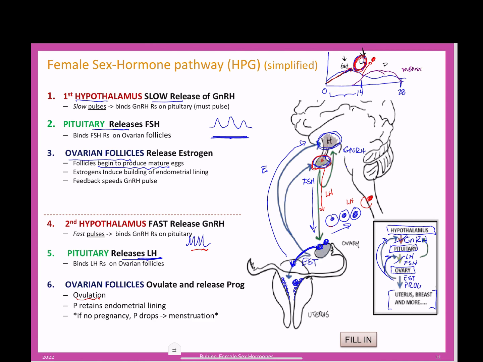The second thing that it does is that it tells the ovary to release progesterone instead of estrogen. So while estrogen built the endometrial lining, progesterone is going to maintain it. At this point, you don't want to build more endometrial lining because you don't want it to get too thick, but you also don't want it to go away because you need it in case there's fertilization.